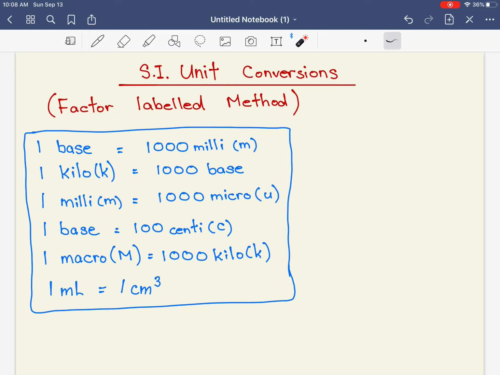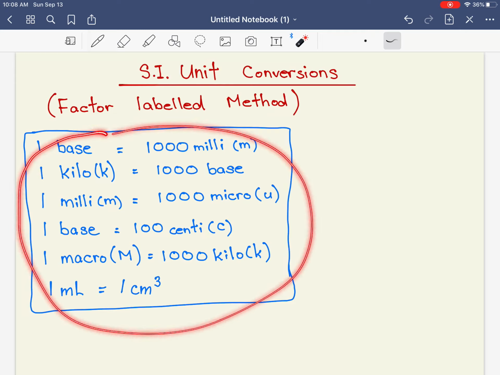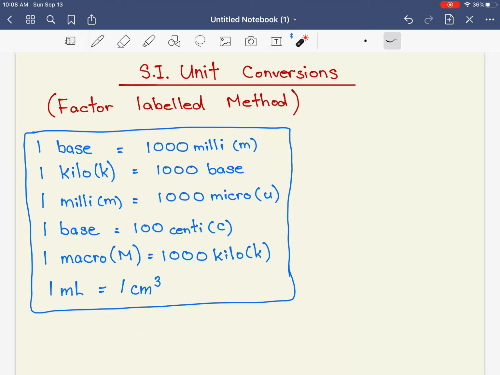All right. So before we begin, let's take a look at this little chart right here that I want you to at least memorize. It will help you a lot in doing the unit conversions later on. So what we have here is one base. Now, what is a base?